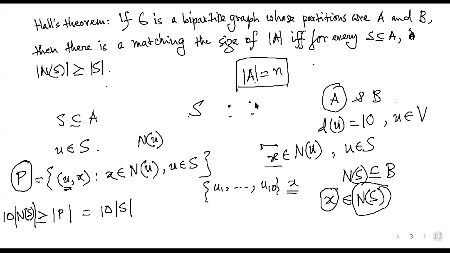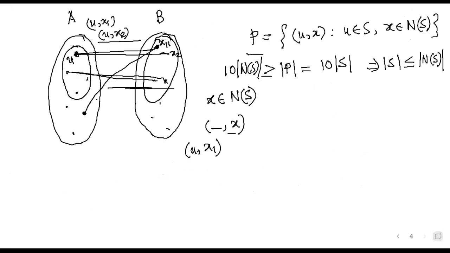That should be regular, right? If the graph is regular only, then cardinality of A equals cardinality of B equals N. If it is not regular, how will that happen?